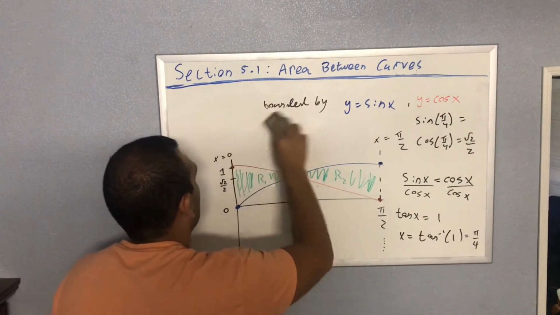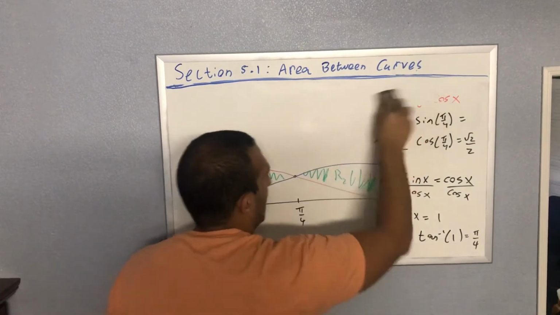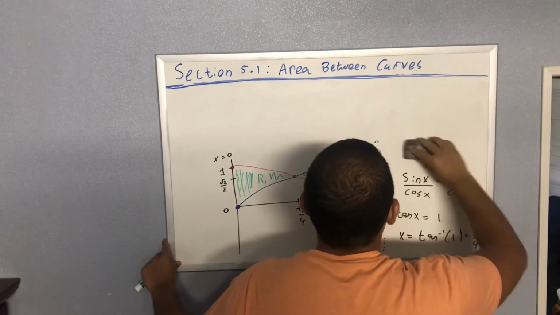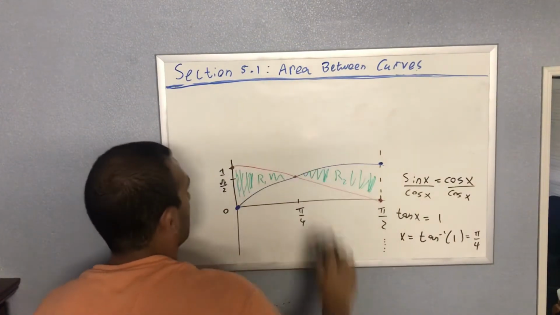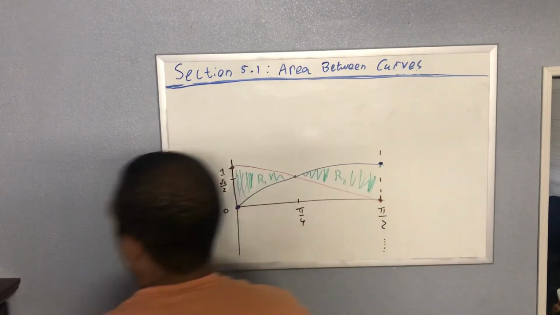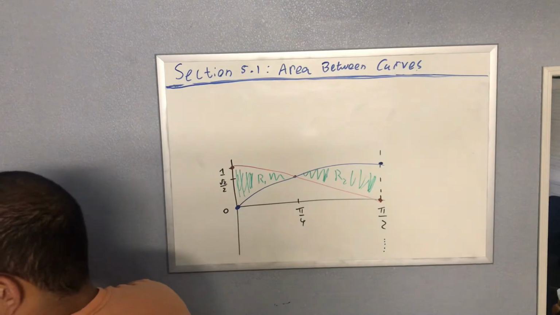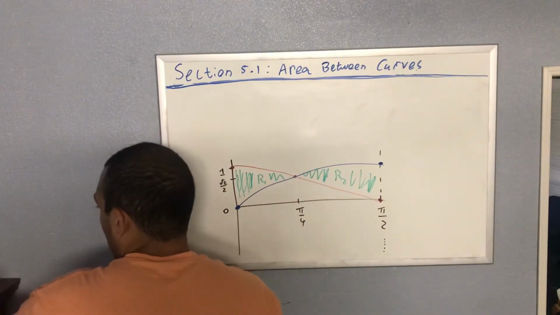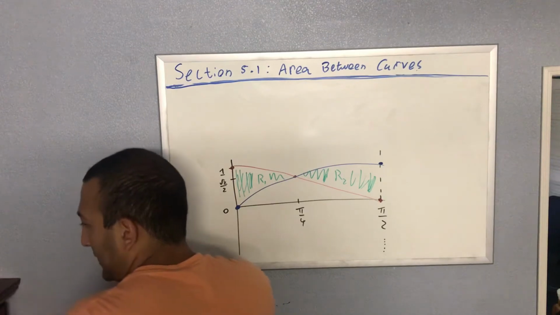So the area that we're interested in, if I erase this, might as well do that. The area that we're interested in now is the sum of these two, and it'll be equal to this.